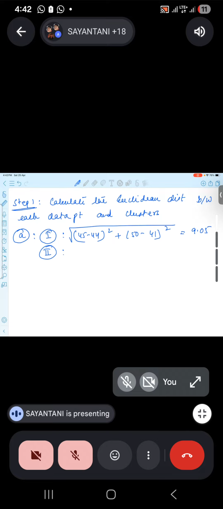Similarly, A with respect to 2, you have to calculate. If you look at the question, I'm sure you have written it down. Same thing, Euclidean distance.